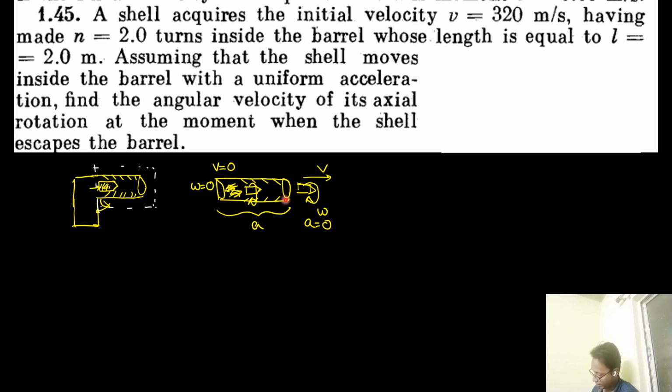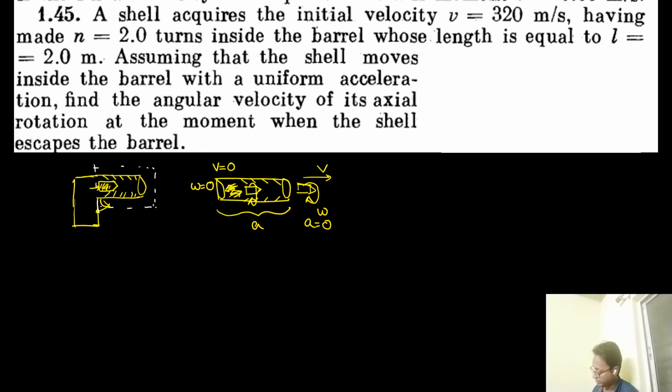Now how is the bullet rotating? The bullet is rotating by the grooves inside the barrel, no? So out here the bullet will have some angular velocity. So angular velocity outside the barrel is equal to omega. So there is some angular acceleration plus linear acceleration of the bullet. That is basically what the question is saying.